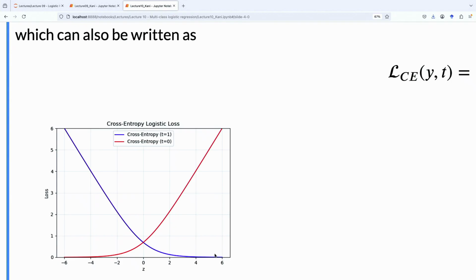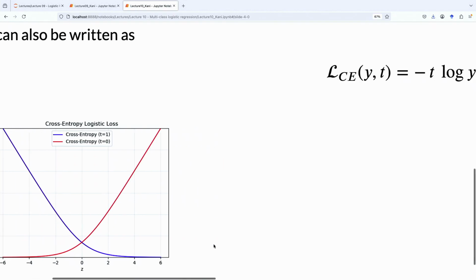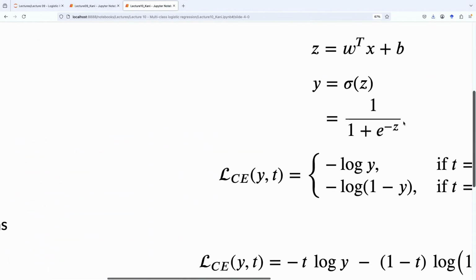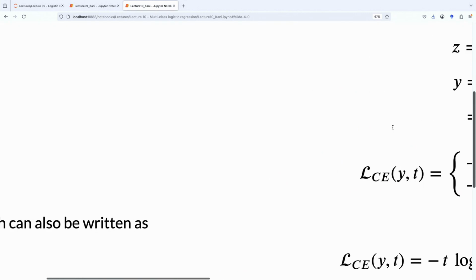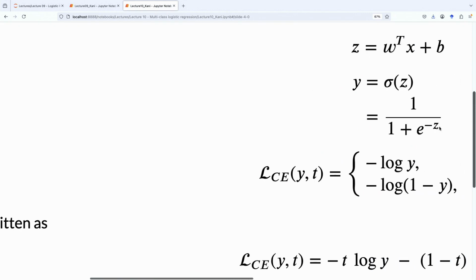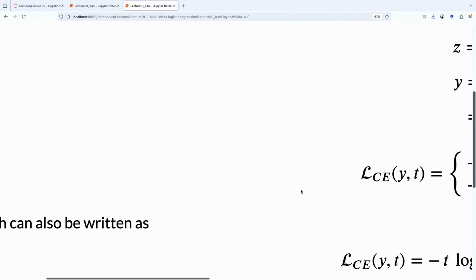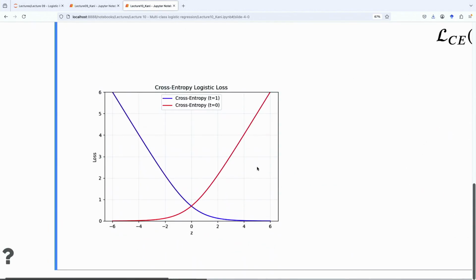Okay? Same thing in reverse if the true label is 0. If the true label is 0, but the logit is very positive, then what does that mean? It means that this term goes to 0, and y predicts a 1. It predicts a positive label, which is wrong, because the true label is 0. So that means the loss should be big.